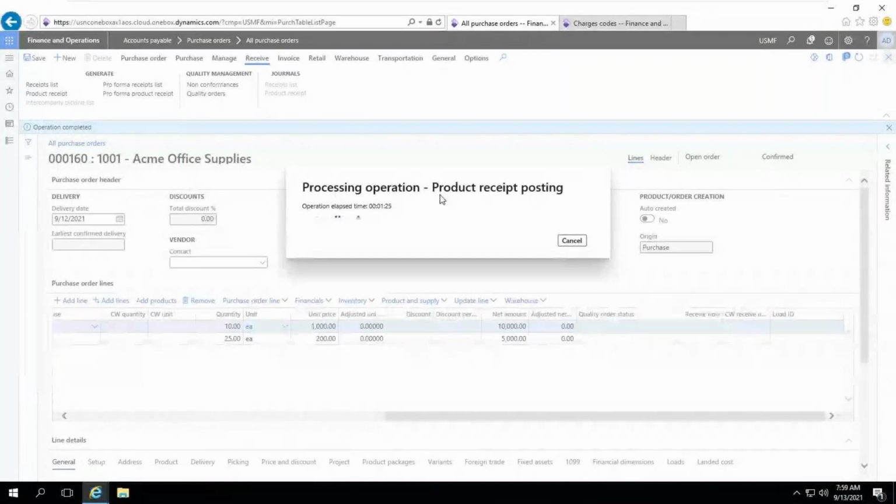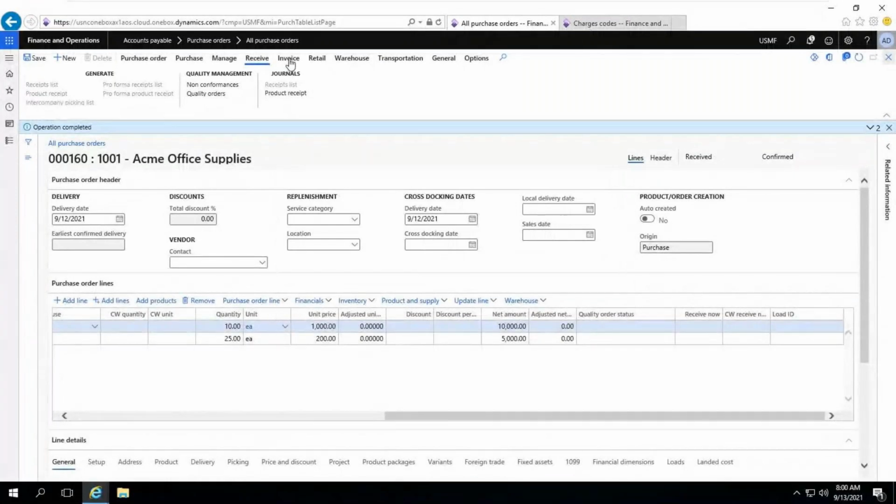Once product receipt is updated, I will do invoice now. Let me complete this product receipt. So now invoicing. Click on the generate invoice button.